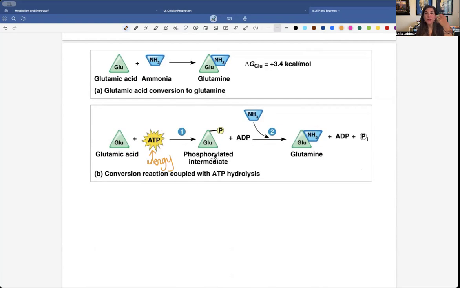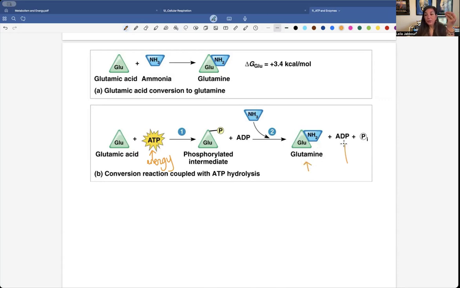So this becomes a phosphorylated glutamic acid. So it's not your final product. And then the amino group arrives, and the amino group takes the place of that phosphate and becomes permanently attached to the original glutamic acid, and now it becomes glutamine.